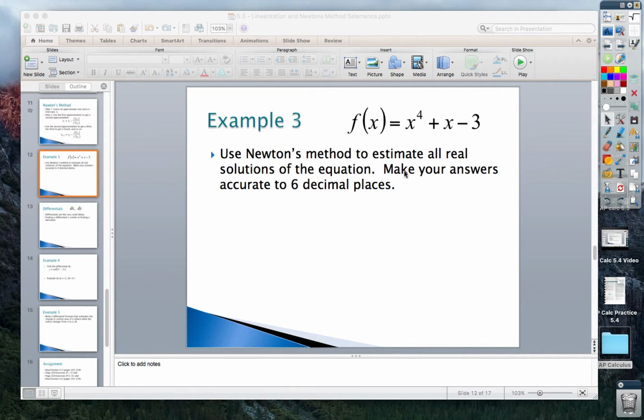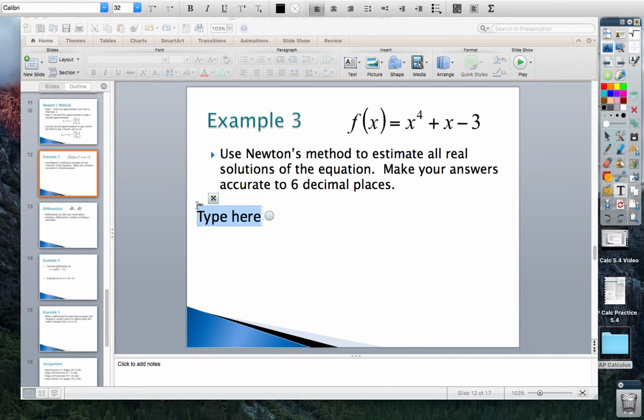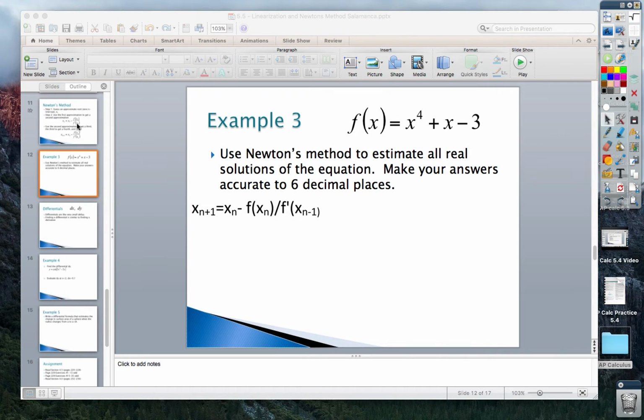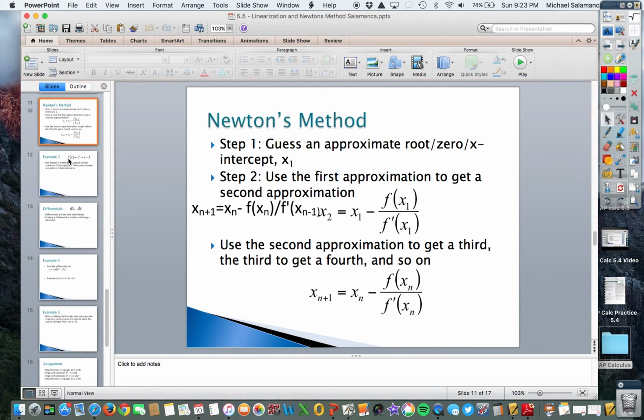F of x equals x to the 4th plus x minus 3. Now, sticking to the formula, we get x sub n plus 1 equals x sub n minus f of x sub n divided by f prime of x sub n.